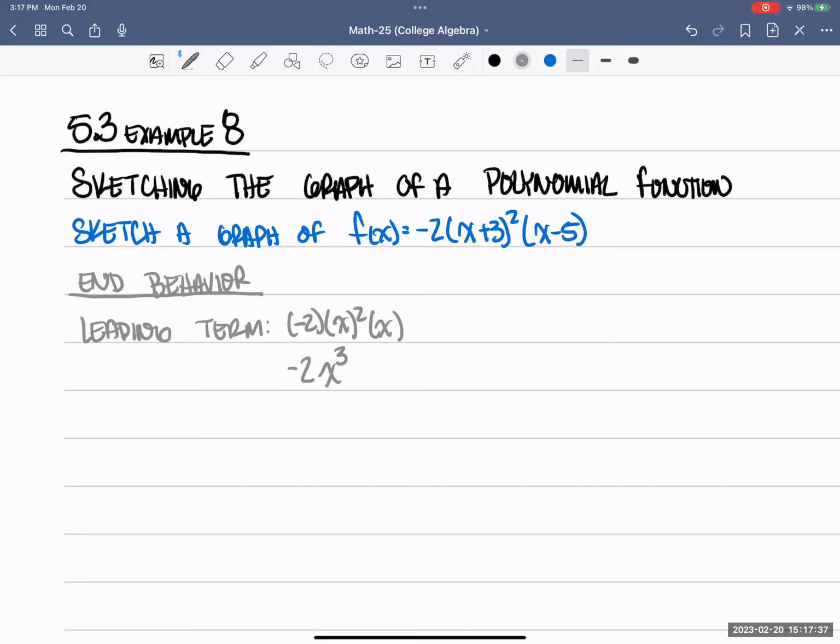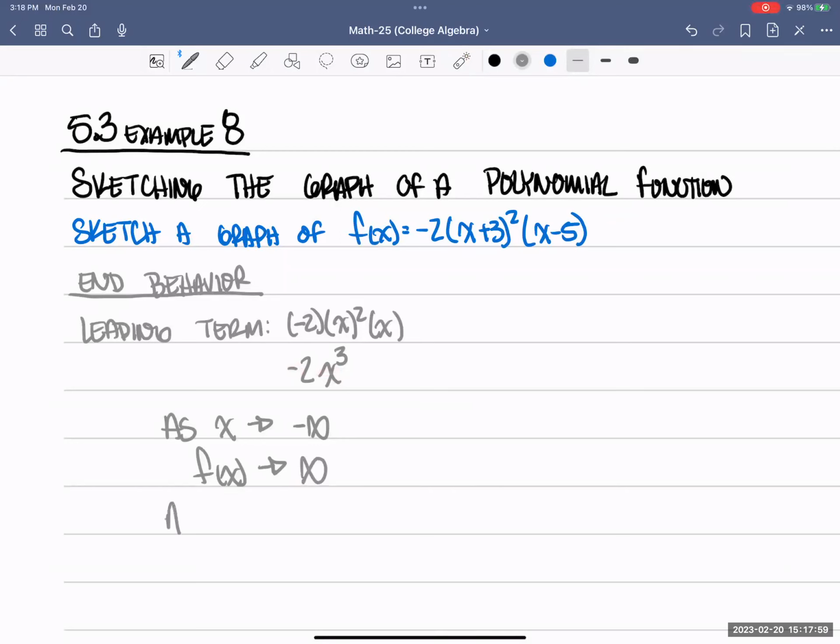And now let's write our end behavior. As x approaches -infinity, our function approaches what? As we start putting really, really negative numbers in there, this part ends up being negative times a negative, which gives us a positive. So we have positive infinity.